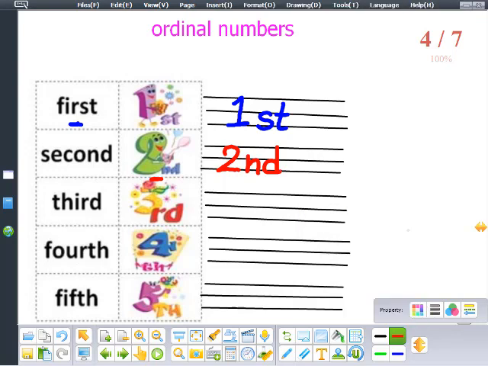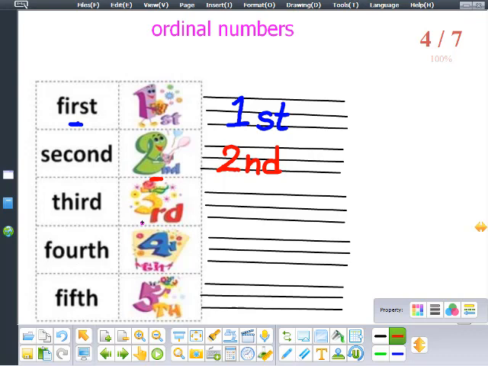Look at the next one. What comes after number 2? 3 comes after number 2. What do we say about 3? We say it's third. Repeat: third.